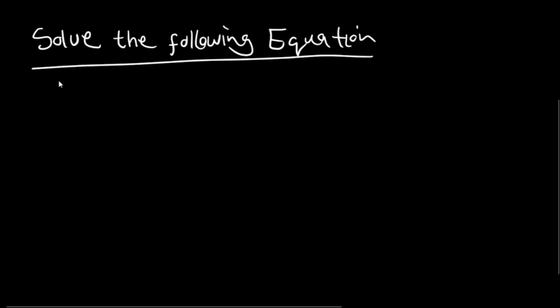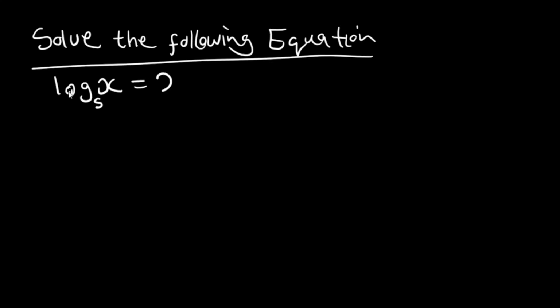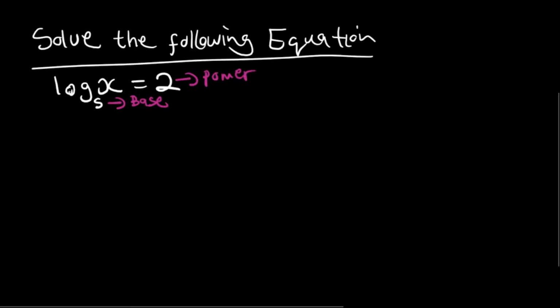So now we're going to solve the equation using logs. So you have log of base 5 of x is equal to 2, and you want to solve for x. So remember that this 5 over here is a base, and this 2 over here is going to be your power. What do I mean by that? If you have your exponent or your normal 2 to the power x, the 2 is your base and then the x is your exponent.